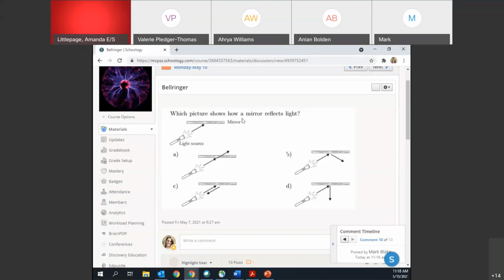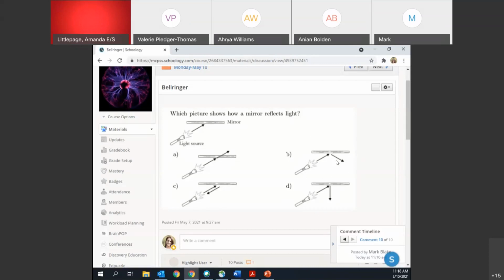But we know that the question is asking you about a mirror reflecting light, so we can eliminate option A. We already know B is the answer, but let's take a look at C and D. C shows that the light beams are being reflected, but when you look at something or you shine a light on it, the reflected waves don't bounce back parallel to the original. Also in letter D, it shows that it is being reflected at a direct 90-degree angle, and that's not the case.